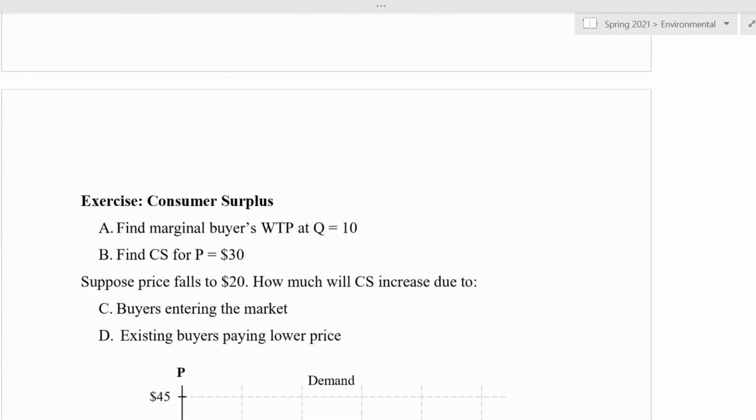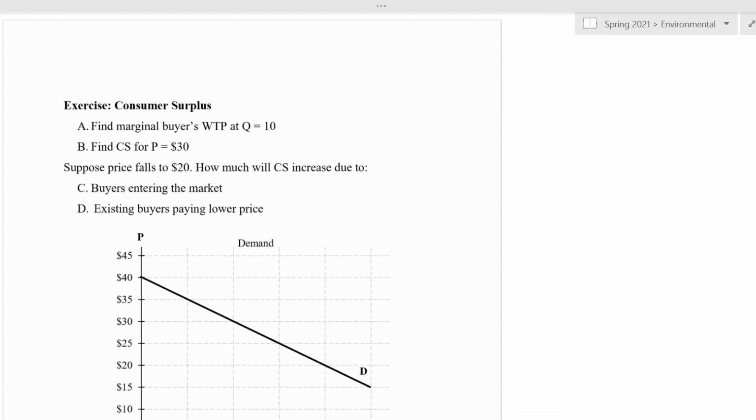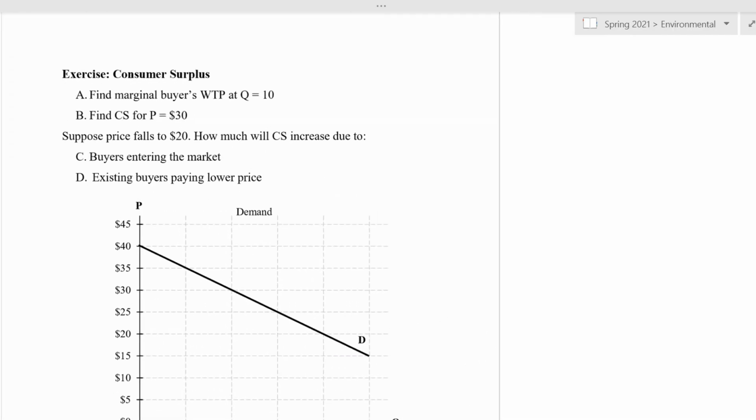Okay, so last of all, I'm going to leave you with this, and I'm going to put the answers in the description, but I want you to, before you peek, go out and look at this problem, try to figure it out. Start with a price of $30.